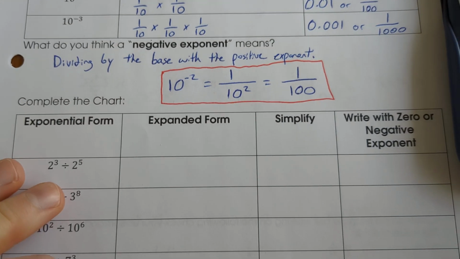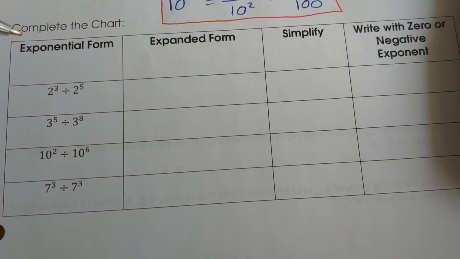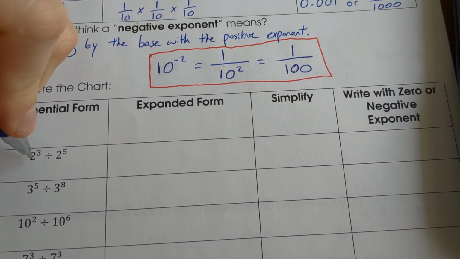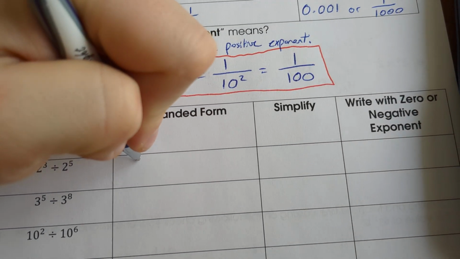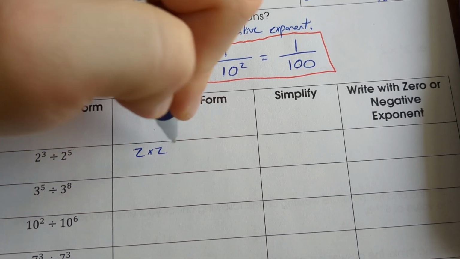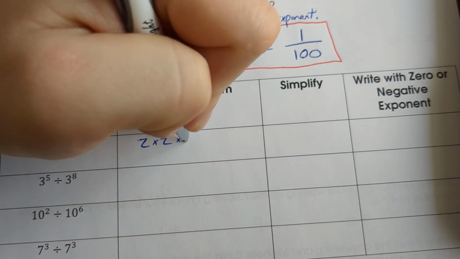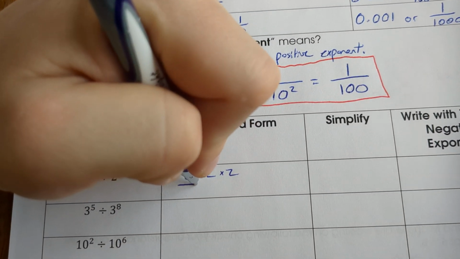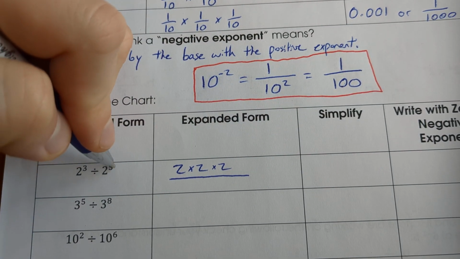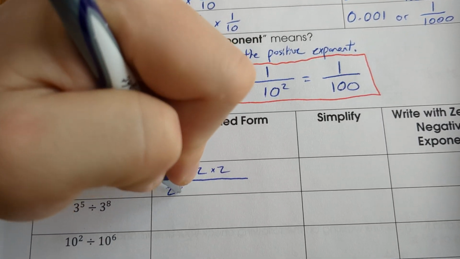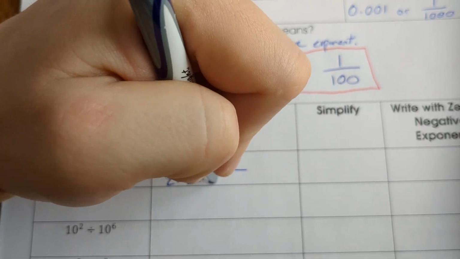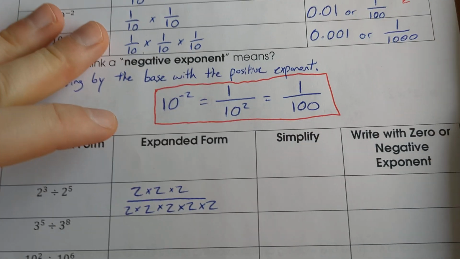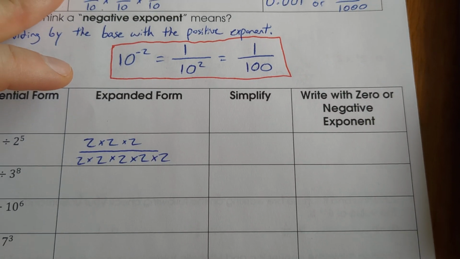Okay, so now when we get into dividing these, let's write this out in expanded form. So basically we have on top 2 times 2 times 2. Okay. And then we're dividing that by 5 2's being multiplied, right? 2 times 2 times 2 times 2 times 2. Okay.